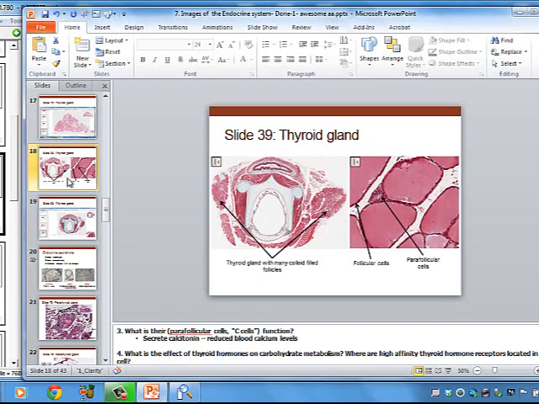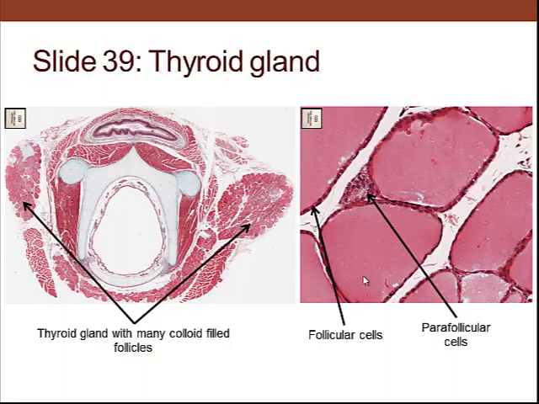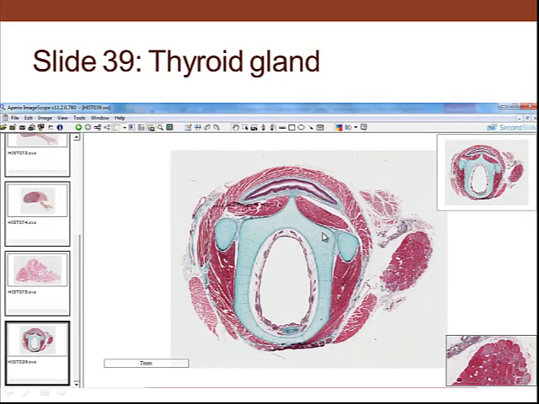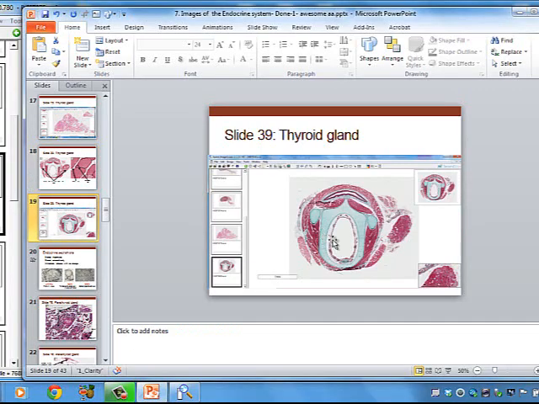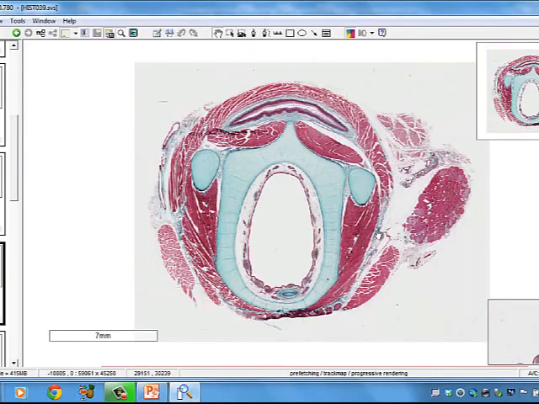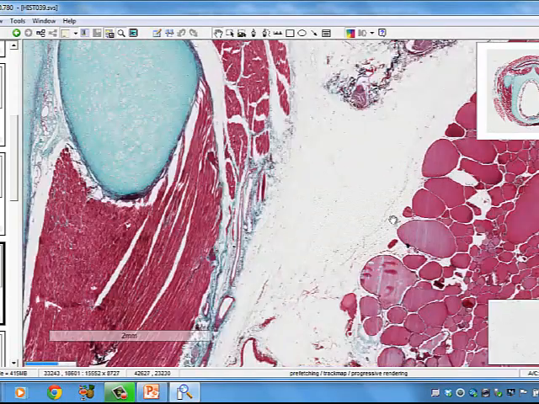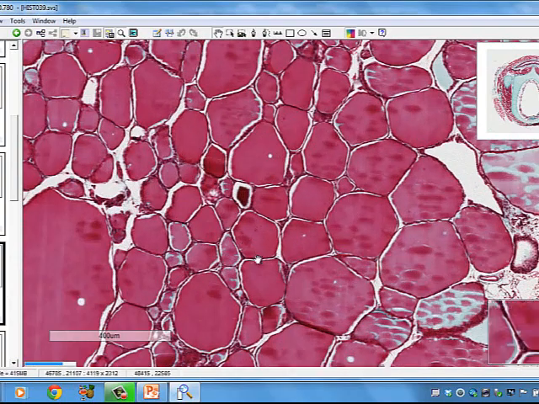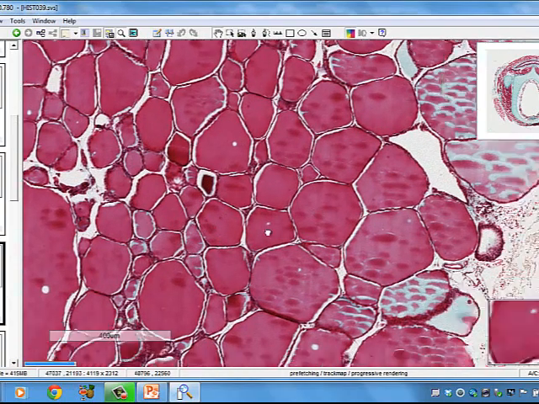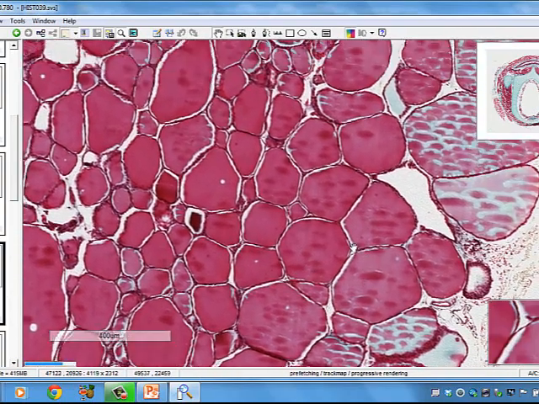And so if we see the thyroid again, we can see the thyroid right in through there, the follicular cells, the parafollicular cells in through here. And if we take a look at this, it's 39. We look over here at the thyroid, which is just off of the respiratory component there.